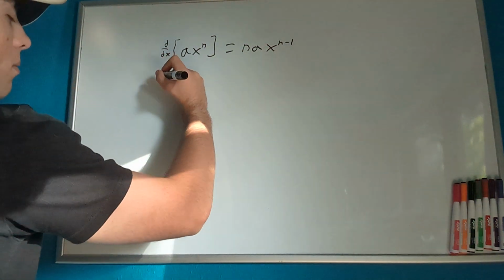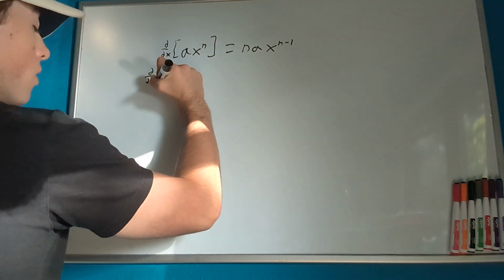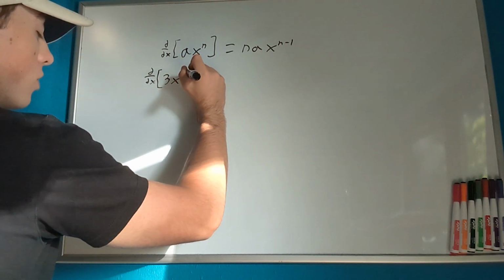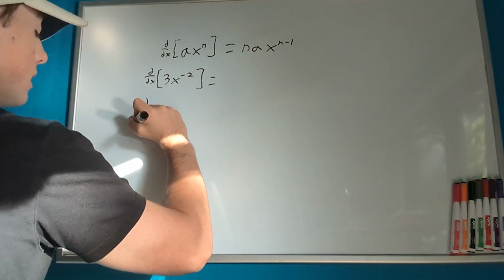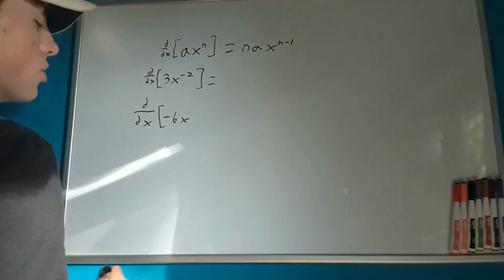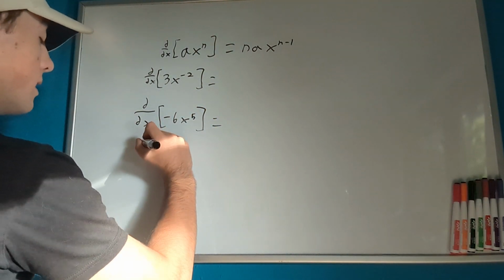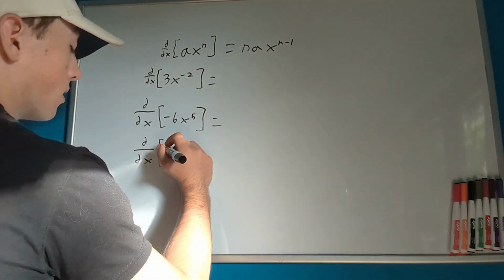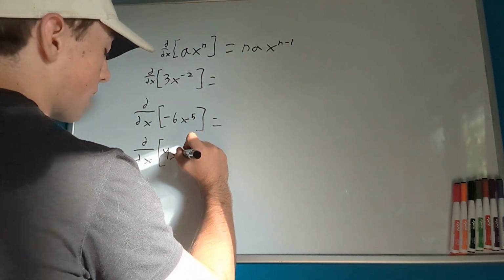I want to give you guys some problems to solve. d over dx of 3x to the negative 2 equals what? d over dx of negative 6x to the 5th equals what? And d over dx of 4x to the 2nd.